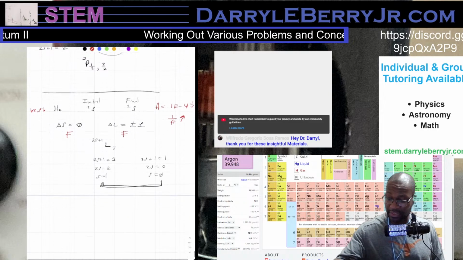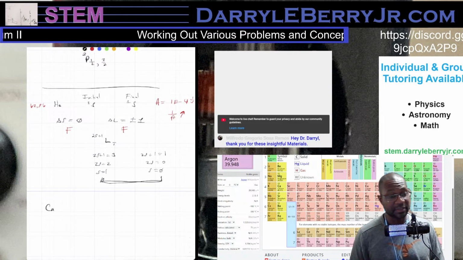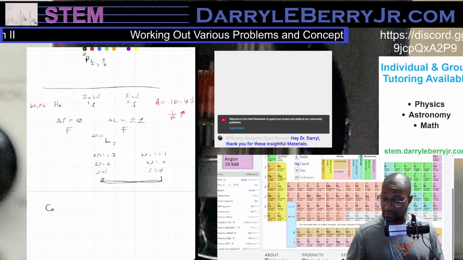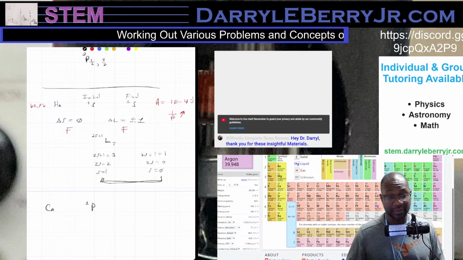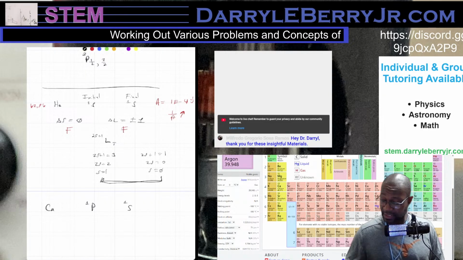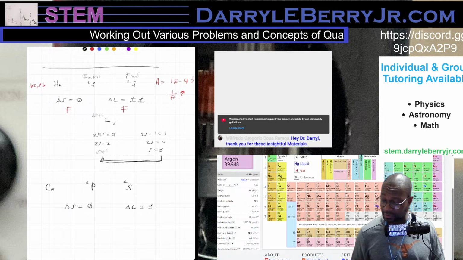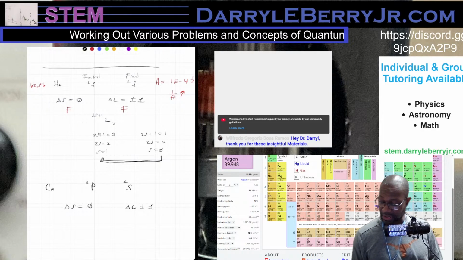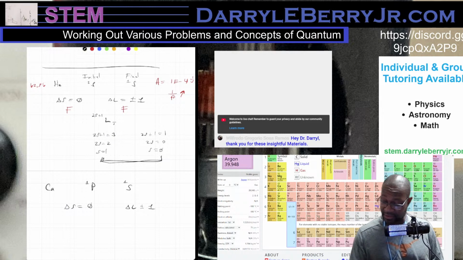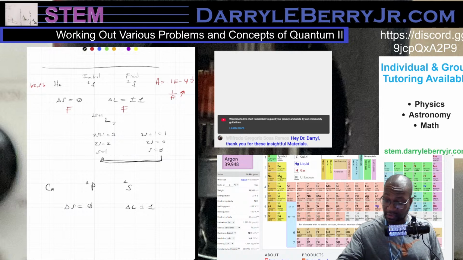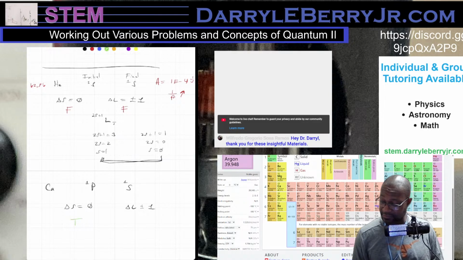For calcium, I believe that's calcium, it goes from initially the singlet P state to the singlet S state. Remember that change in S has to be 0 and change in L has to be plus or minus 1. So we see that the S does not change, so that's true, because we see that it's a singlet on both sides.